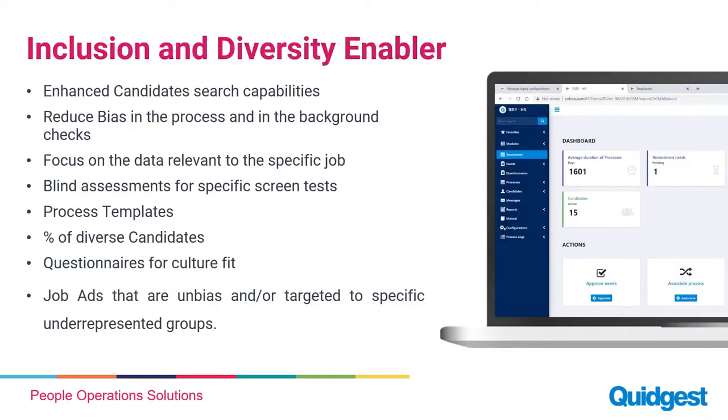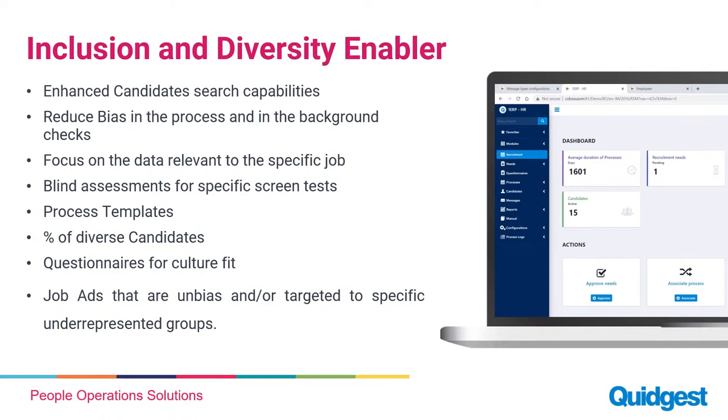So in terms of inclusion and diversity, how can recruitment software help you? For sure, we have capabilities that enhance candidate search. Being able to search for candidates while limiting some of the information that you're seeing, to reduce bias, can help you find your best pool of talent.